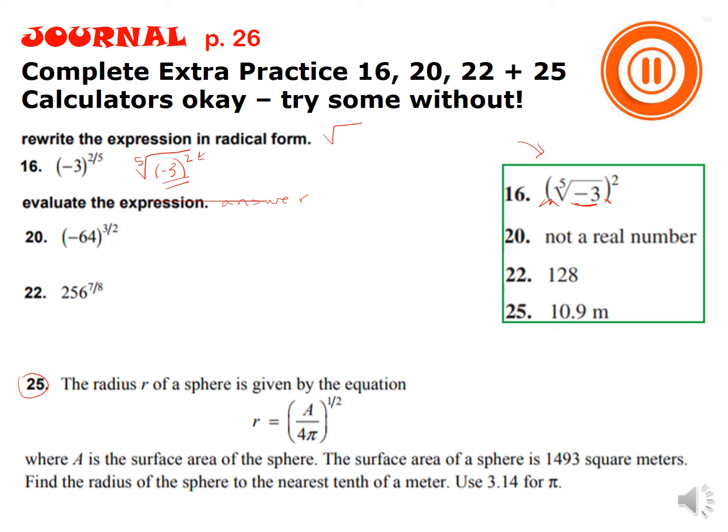Okay, so for this one, we know that this one is no solution because the root is -64, and you can't take the square root of a negative number. We're not going to get into imaginary numbers at this time. Okay, the next one, you would write 256 to the 1/8 and take the 7th power of that.